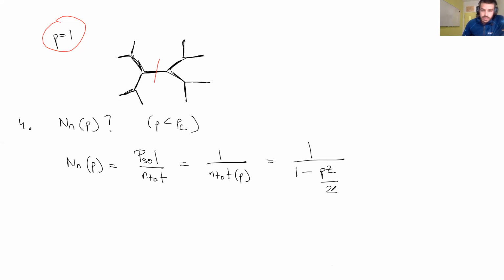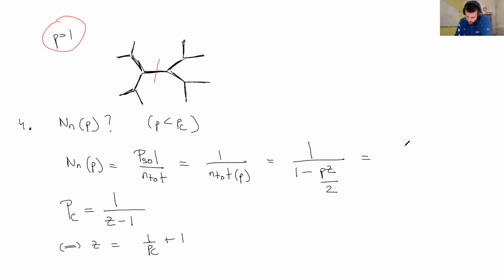Also, since I'm writing things in a general fashion with any z, I can remember that PC is the maximum probability, the threshold value. So I should remember its expression, which allows me to write that z is equal to 1 over PC plus 1. So I can transform that into something which only depends on PC.